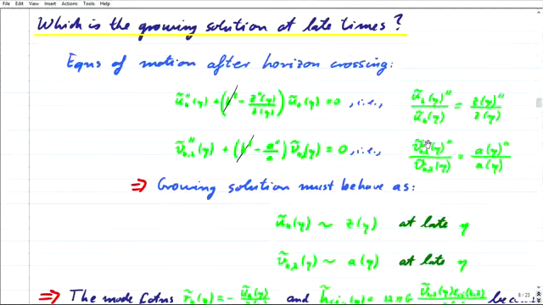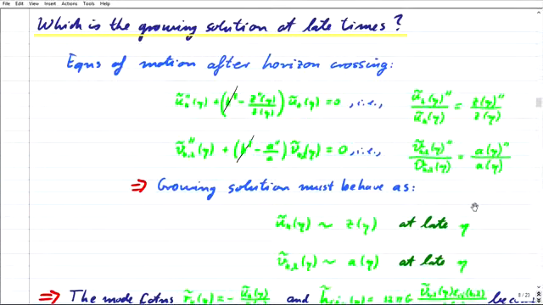Okay, now let's estimate what the growing solution is going to be at late times. I'm doing this to give you some intuition. I could just give you the solution. It's to do with hypergeometric functions, and we will do that in a moment. But let's just see beforehand what we should expect here.